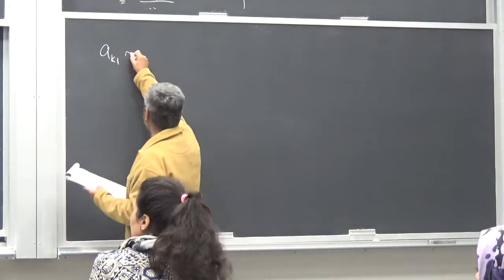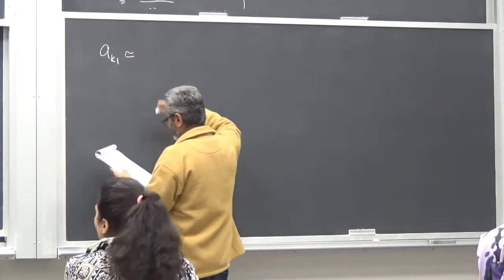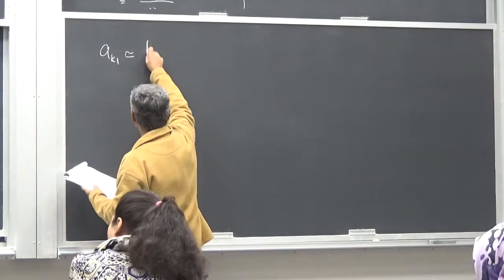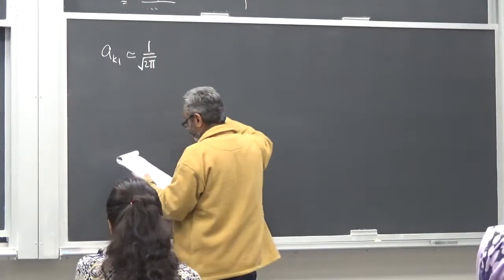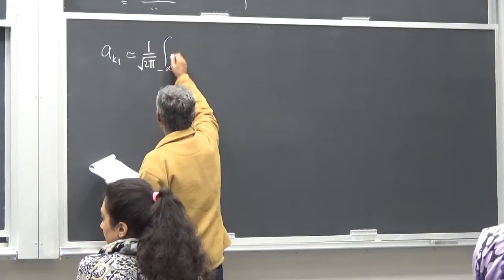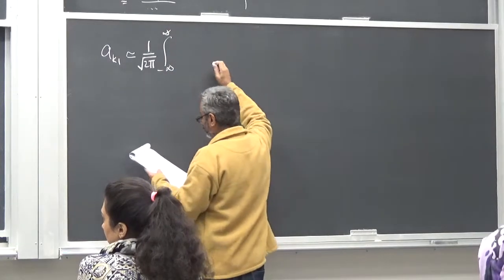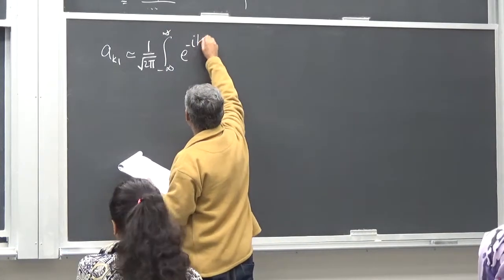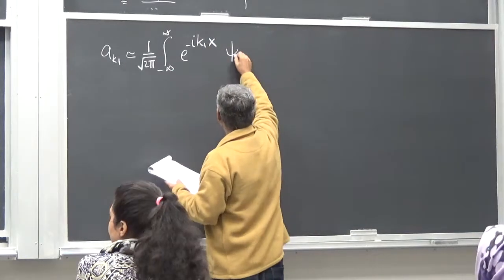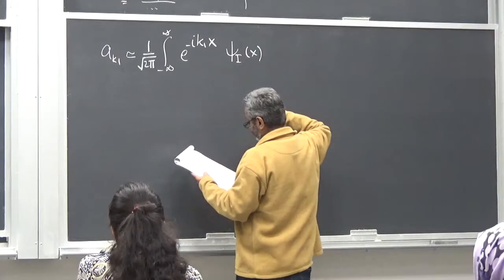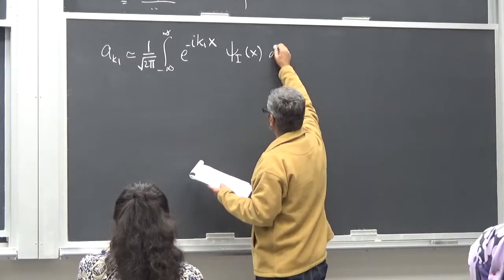That is going to be equal to 1 over 2 pi, integral from minus infinity to infinity of e to the minus I K1x psi I of x dx.